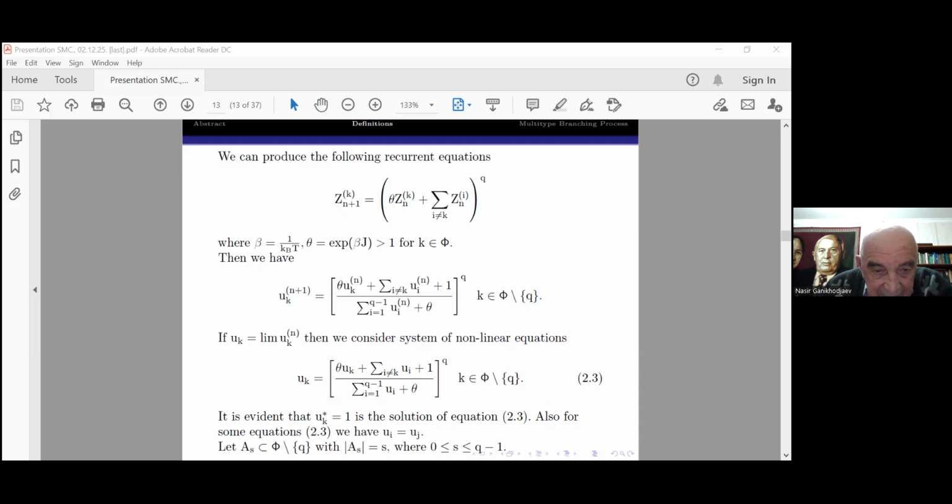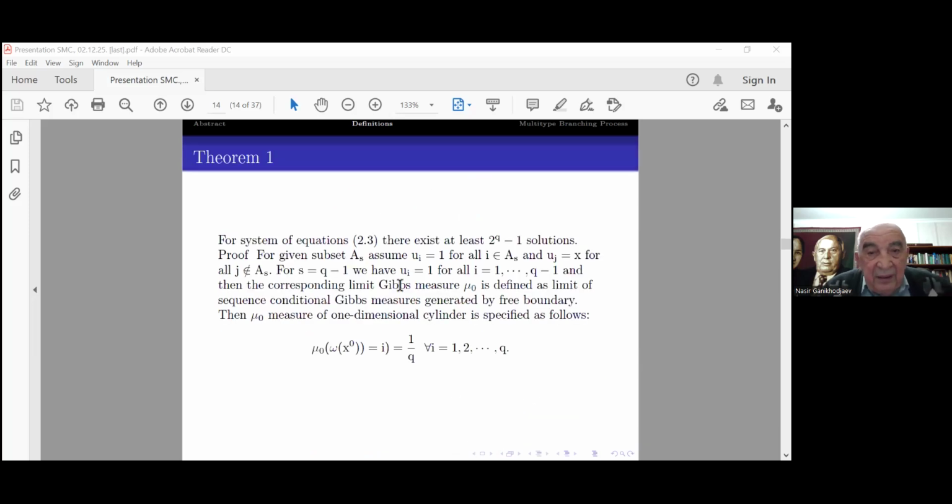Let A S be a subset of the set of all spins without q, and assume the coordinates in S equal to s, and s runs from 0 to q minus 1. Then our first result: for this system of equations, there exist at least 2 to the power q minus 1 solutions. That is, we can find 2 to the power q minus 1 different limit Gibbs measures. Of course, all these measures are translation invariant.